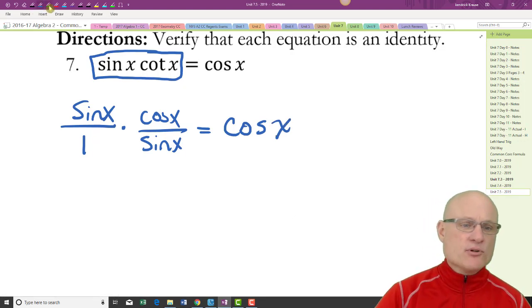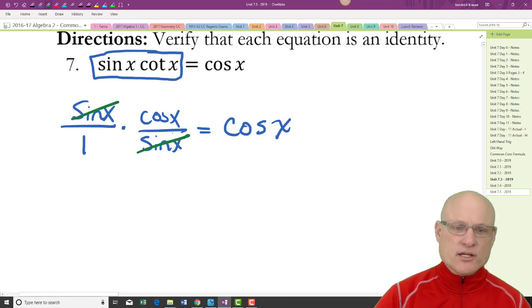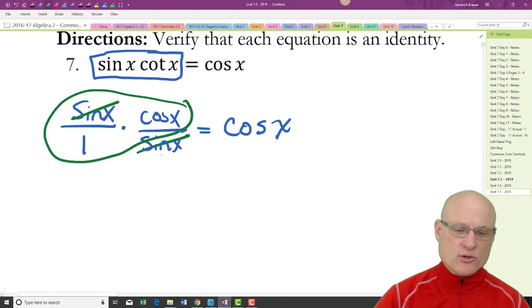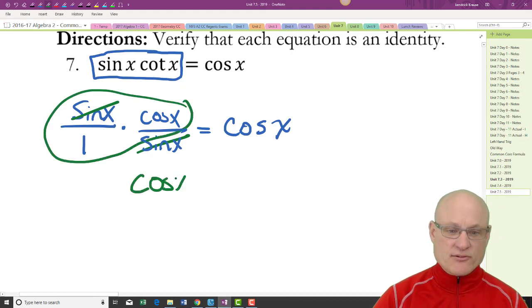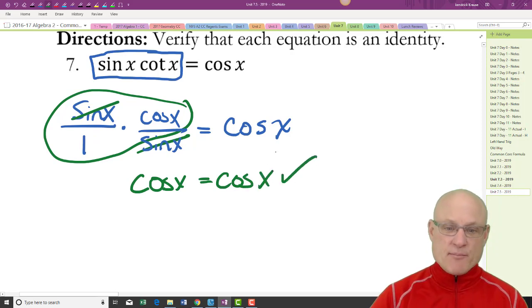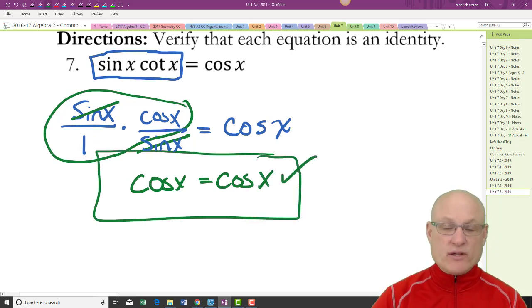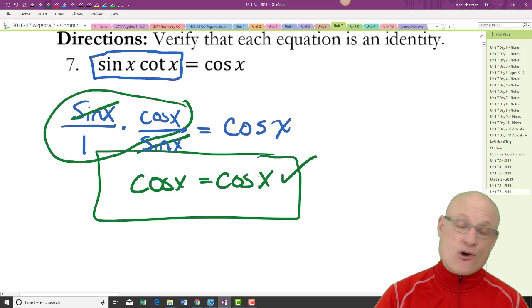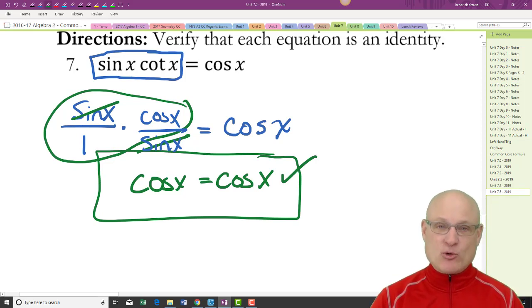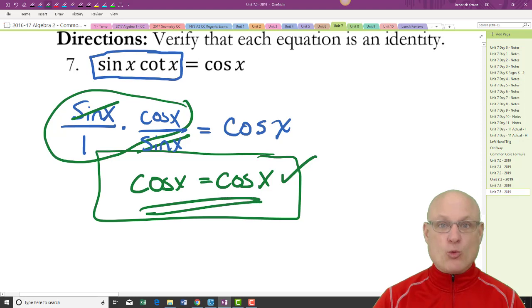All right, so let's see. These cancel. And what do I have left over here? Cosine x. So what I have is cosine x equals cosine x. Ka-ching! By the way, this last statement always has to be this. It's so obvious, but it's going to be a 2-point question, and some kids aren't going to write this, and you're going to get 1 out of 2 points.